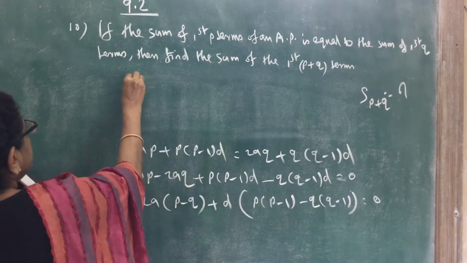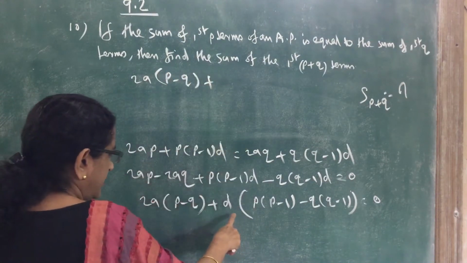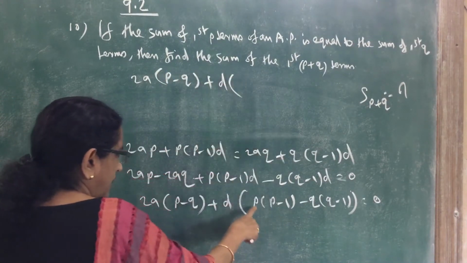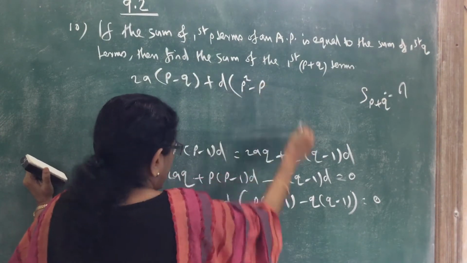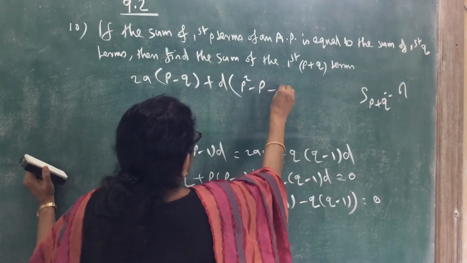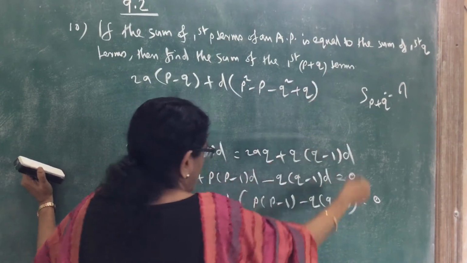So here 2a into (p minus q) plus d into (p square minus p minus q square plus q) equals 0.